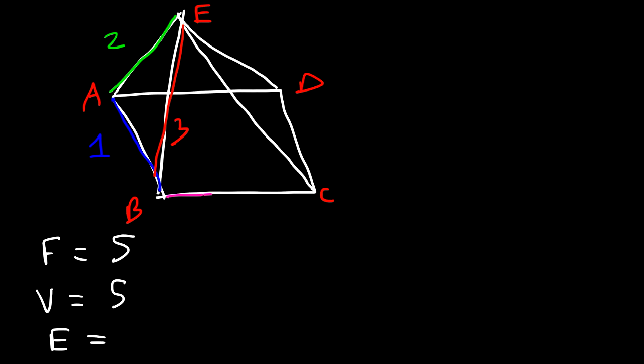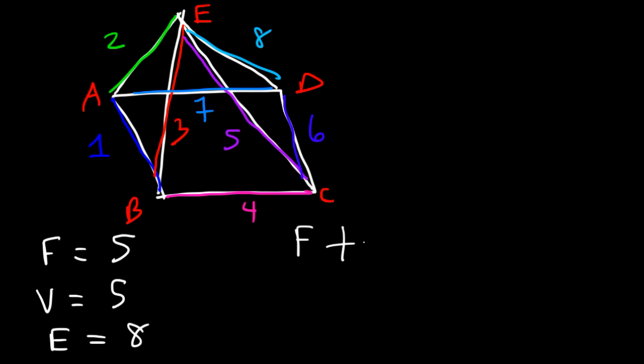Let's use a different color. BC is 4. EC is 5. DC is 6. AD is 7. And then ED is 8. So I got a total of 8 edges.